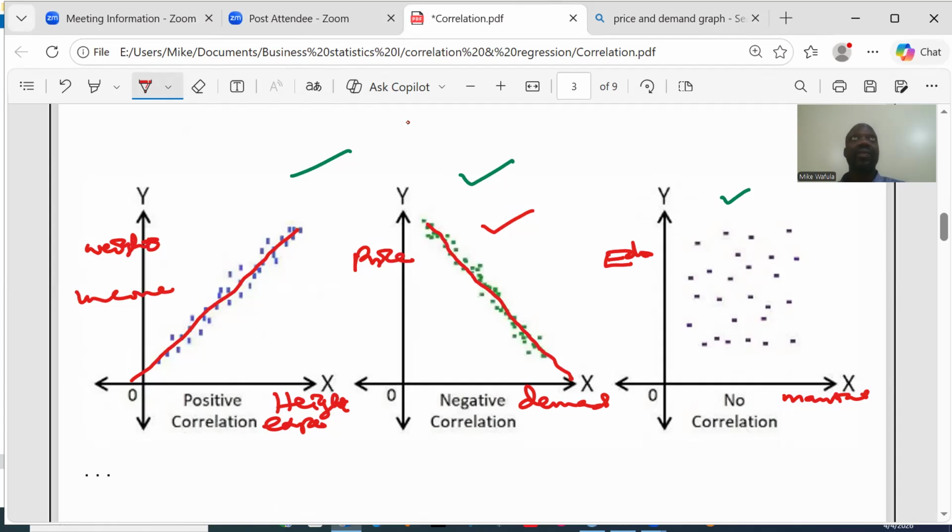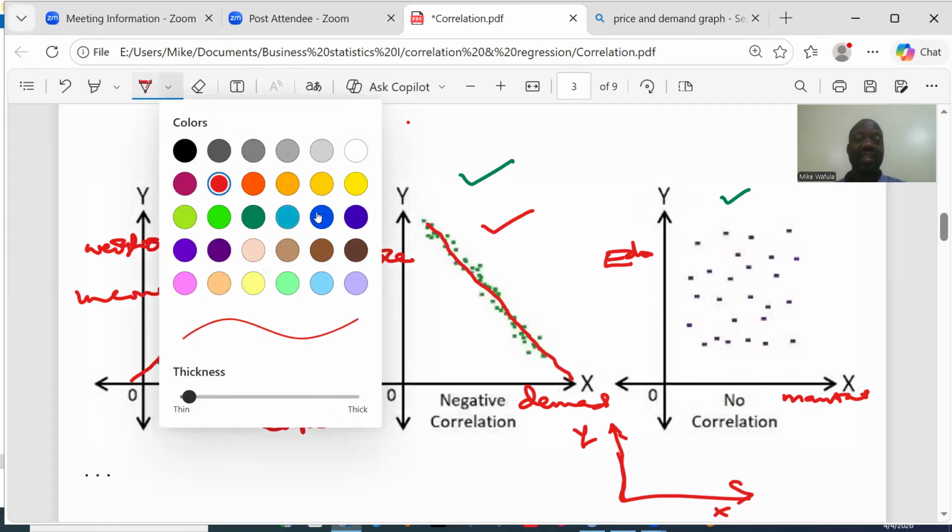And by the way, the correlation we are discussing here, we are assuming mostly a linear relationship, but it is possible that you can also have a correlation between variables that is non-linear. You can have a correlation between variables y and x where this relationship is not linear.